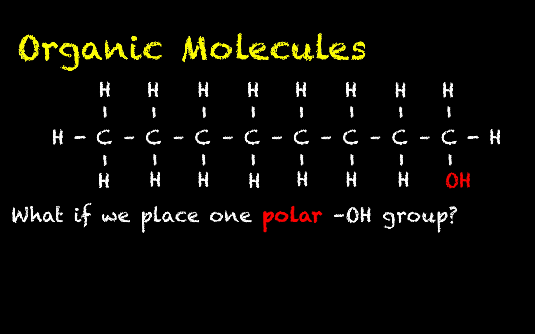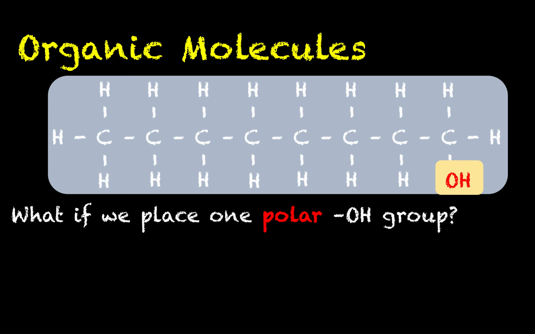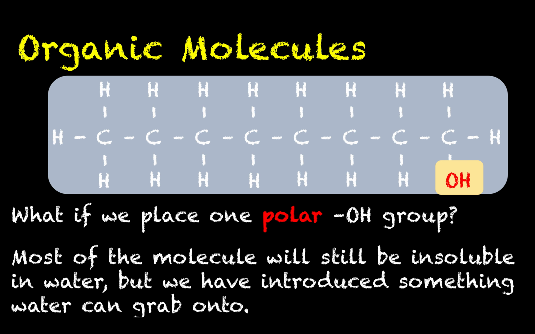But then that leads to an interesting question. What if instead of covering this hydrocarbon with hydrogen atoms, we replace one of those hydrogens with a polar OH group? Well, this is very interesting. If you look here, the vast majority of this molecule is still going to be very hydrophobic. So everything that's in this gray color here is still hydrophobic because most of this molecule is still very nonpolar.